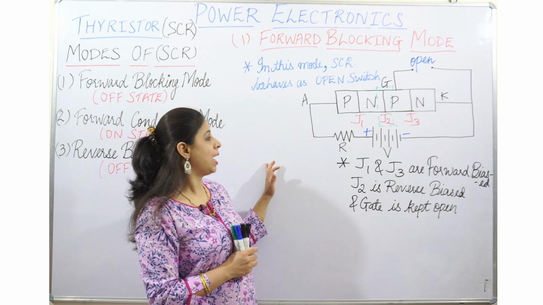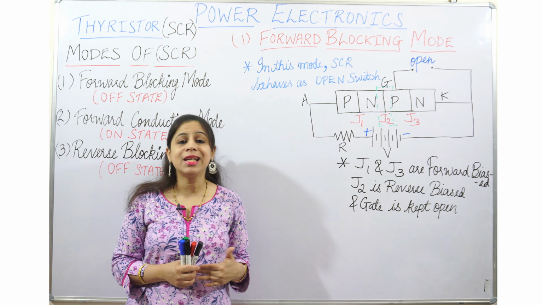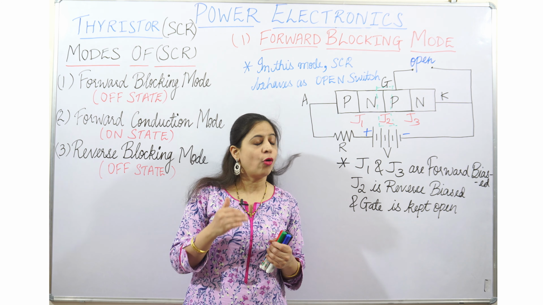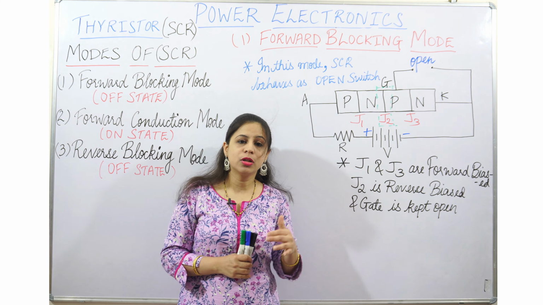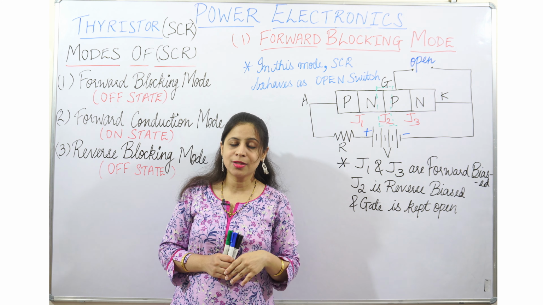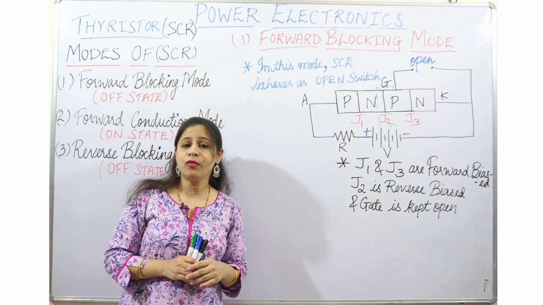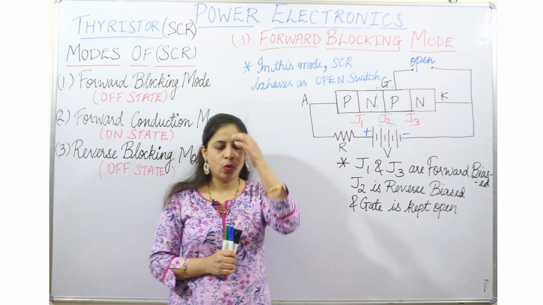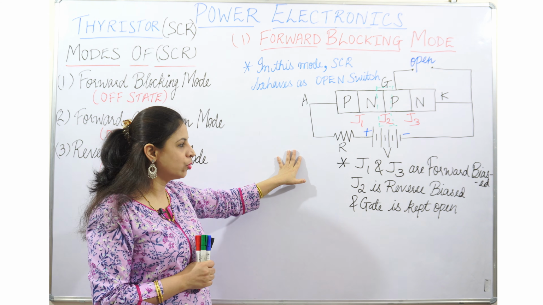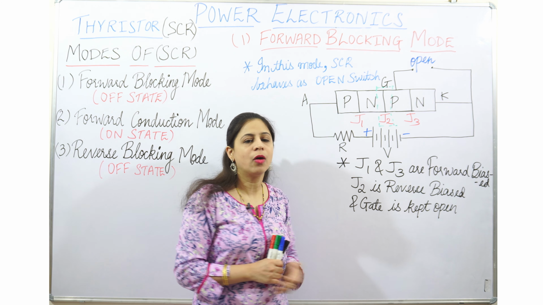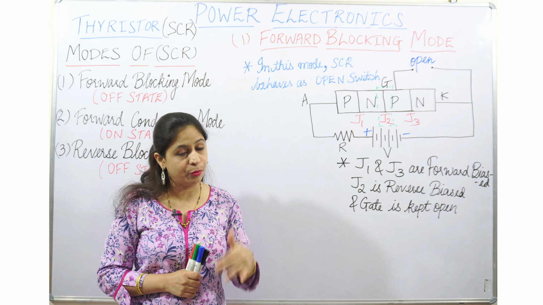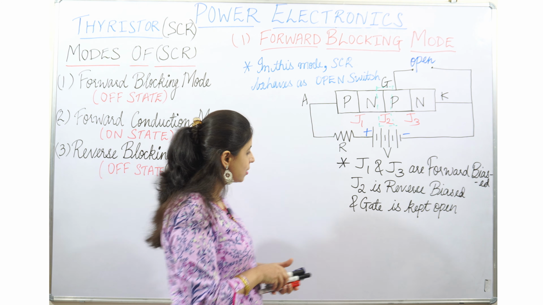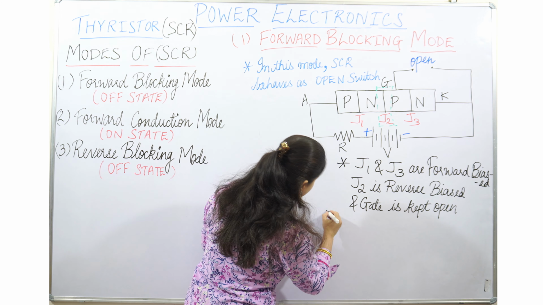As soon as the voltage source is increased beyond the forward breakover voltage, junction J2 breaks due to avalanche breakdown, heavy inrush current starts flowing, and the thyristor is brought to the on state. So we can bring the thyristor to the on state by making our voltage source greater than the forward breakover voltage. Let us note down these points also, they are important.